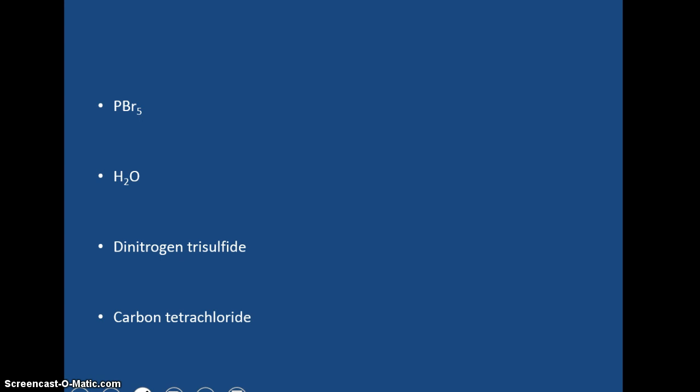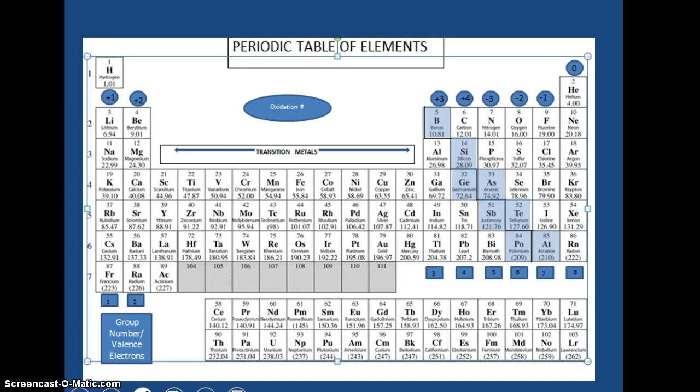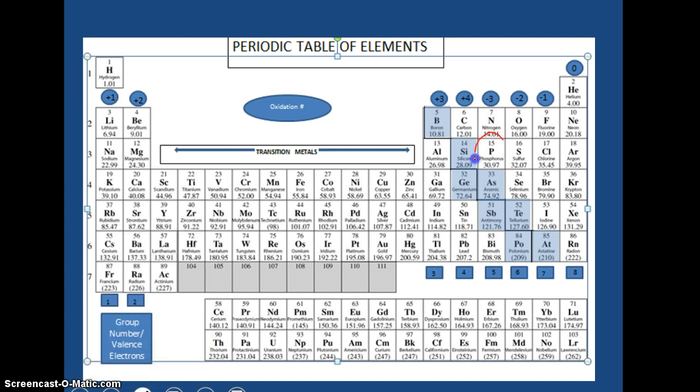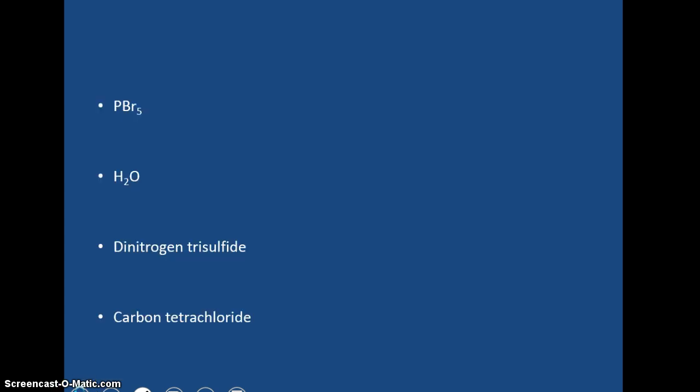So let's practice. So we've got PBr5. Looking at this periodic table, we've got P, which is phosphorus, and Br, which is bromine. So we've got P, and since P does not have a subscript, you do not need to have a prefix.